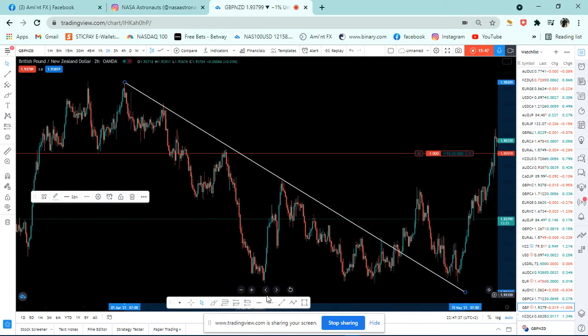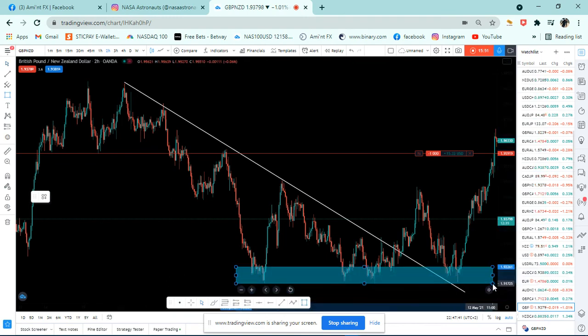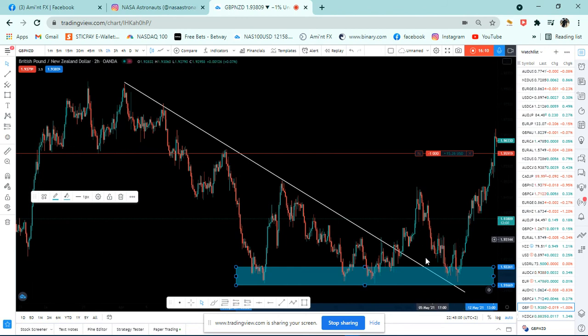What do they say about the retest? The retest shouldn't go below or beyond the previous low. So we are cool if the retest happens above the previous low, or just at the same level as the previous low.